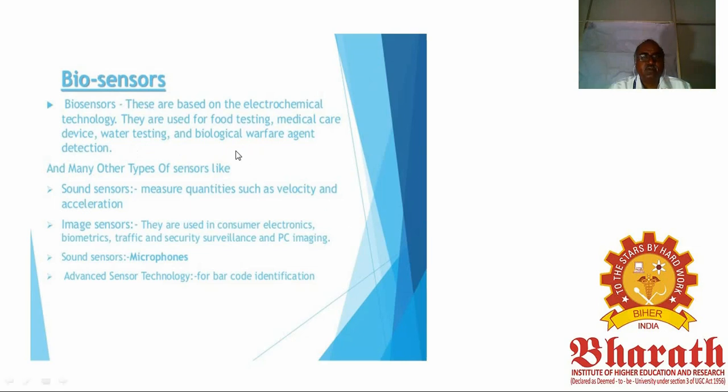Of course, it has defense prospects too. It can be used for detecting a biological weapon which surrounds it.